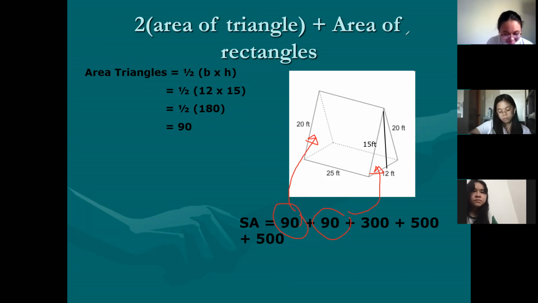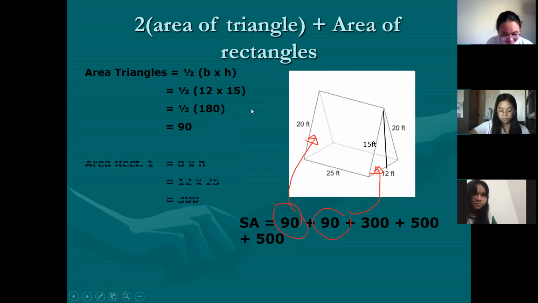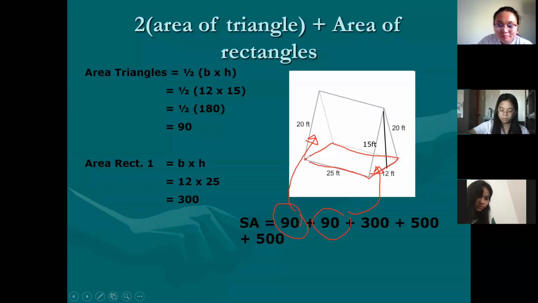Next, we go to the rectangles. Starting off with the rectangle with the length 12 and the width 25. That is the rectangle at the bottom, this one, with 25 as the length and 12 as the width. Simplify, you'll get 300.